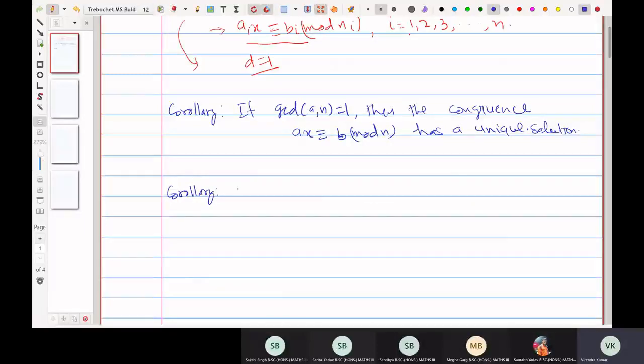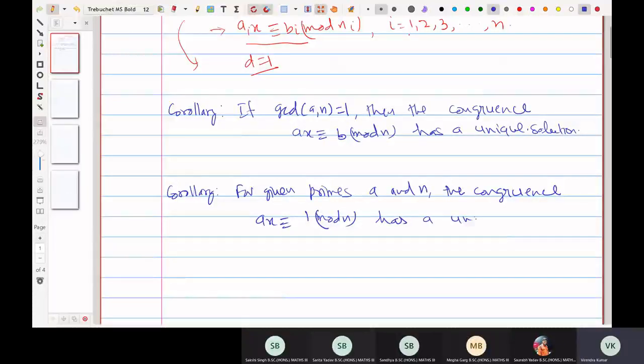It says that for given relatively prime integers A and N, the congruence Ax congruent to 1 modulo n has a unique solution.